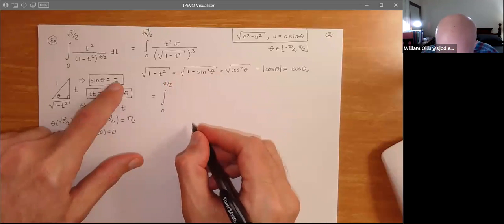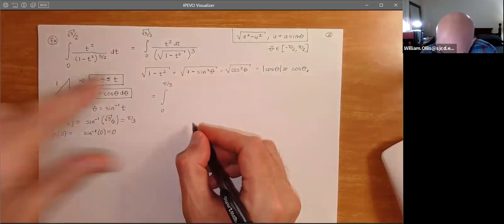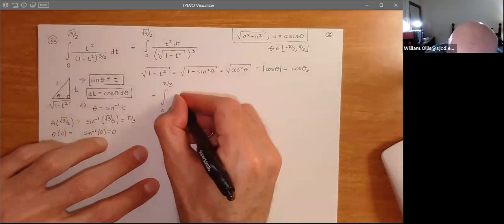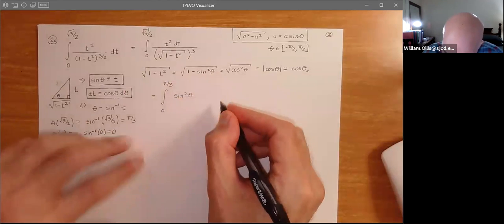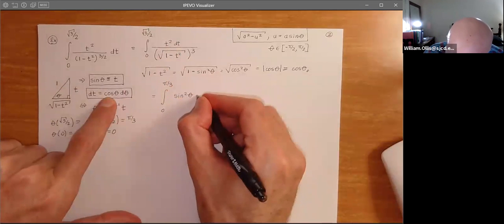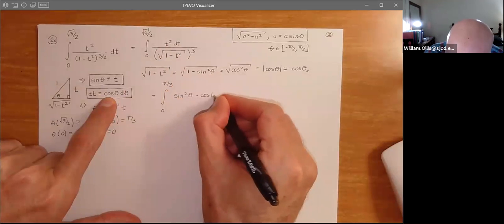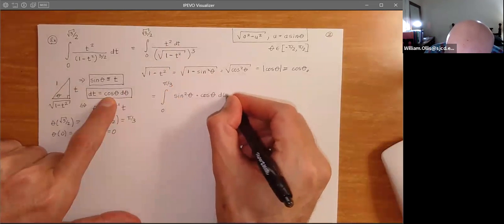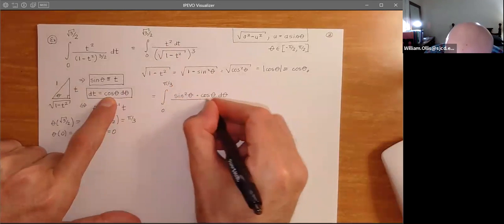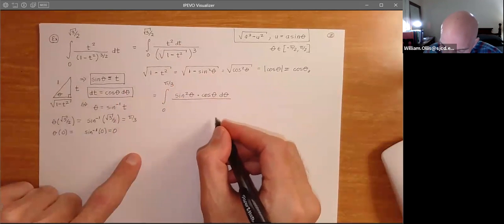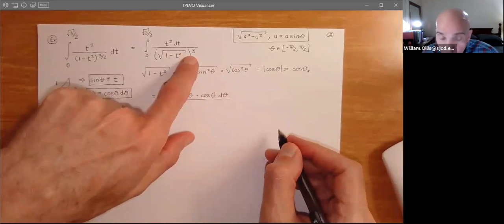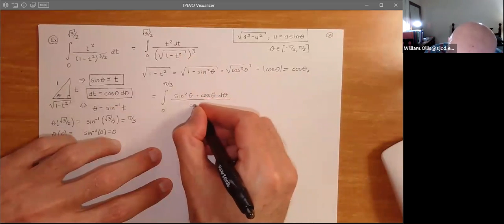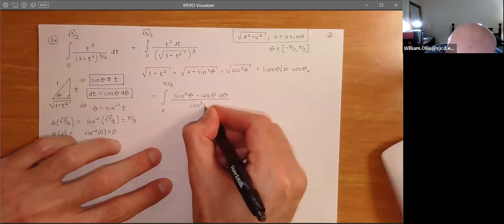And now, of course, we've got the t squared. So t squared will be sine squared theta. And dt we have right here, cosine theta d theta. And now downstairs, we've got the radical, which is cosine theta cubed. So we get cosine cubed theta.